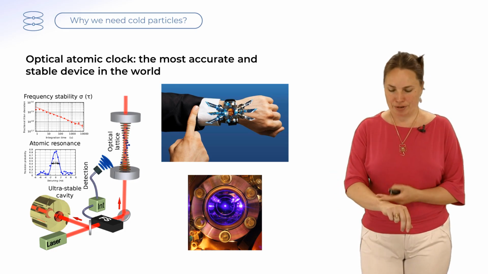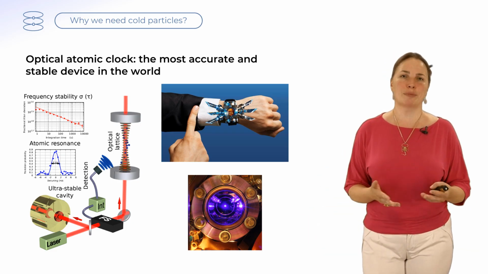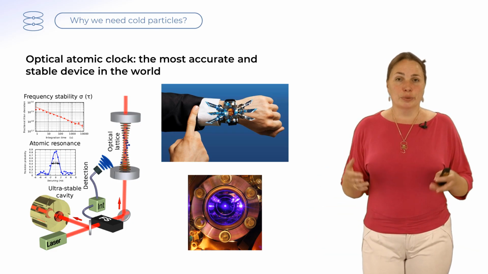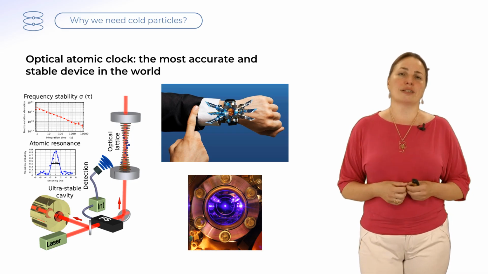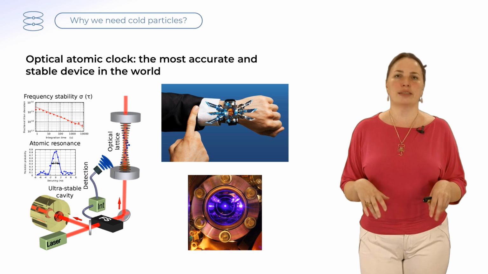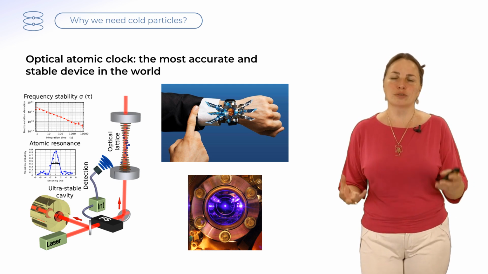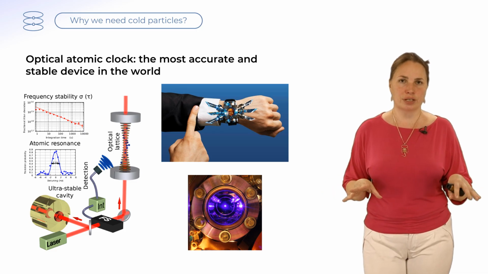Comparison of clocks is the basis of timekeeping. We can compare these clocks from one lab to another, and then we see how we can control everything around us.